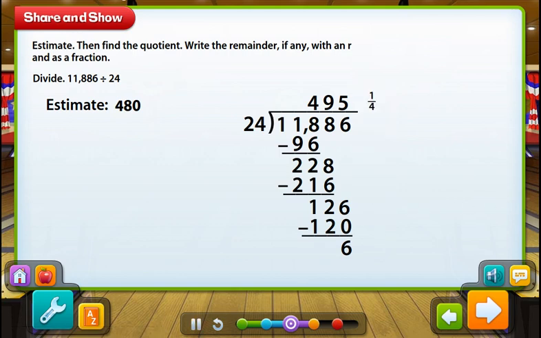The correct answer is 1/4. So the estimate, 480, and the actual answer, 495 remainder 6, or 495 and 1/4, are very close. So you can say that this answer is reasonable.